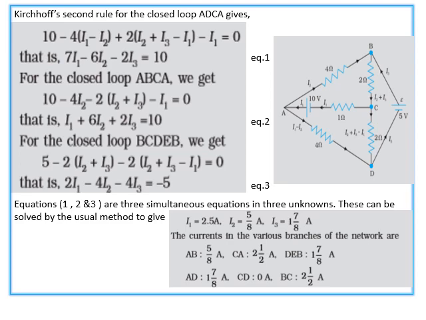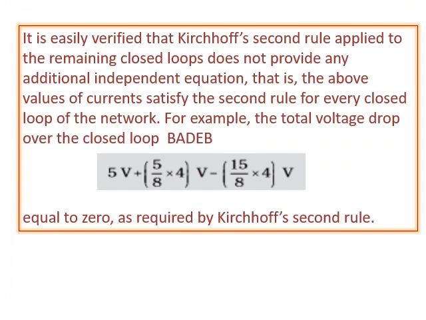And for the closed loop BCDEB, you get 2I1 - 4I2 - 4I3 = -5. And by using these three equations, 1, 2, and 3, you can find out the values of I1, I2, and I3.